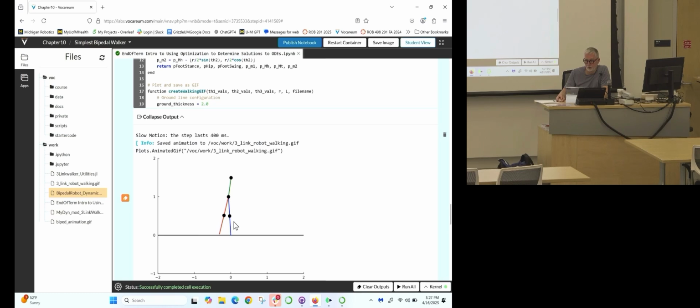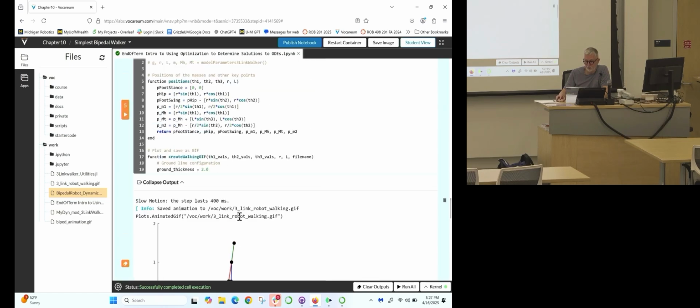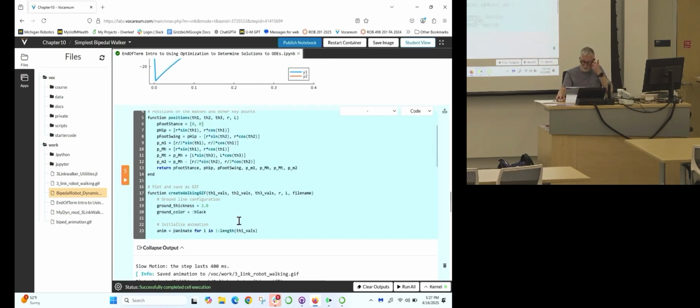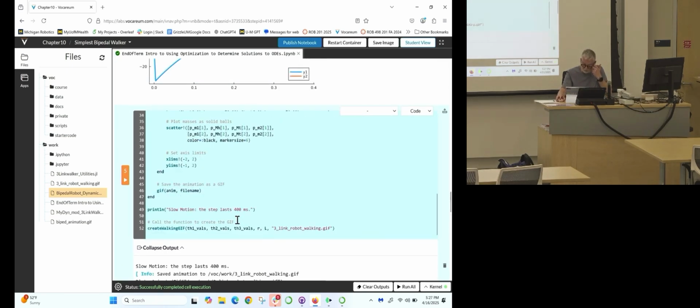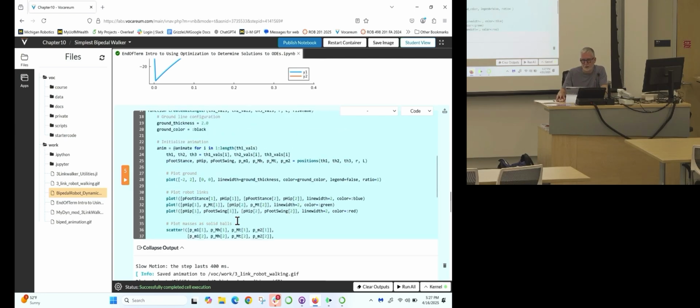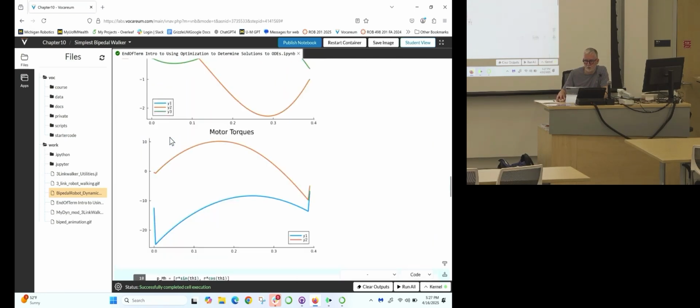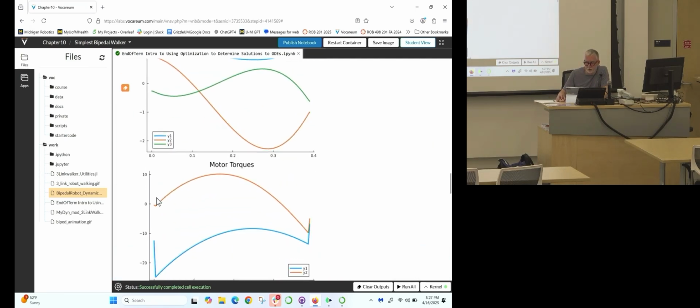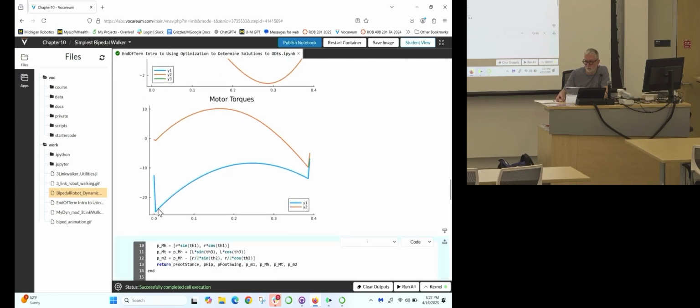So this is a very nice step, and then it hits and restarts again. So this is just one step. And then it's periodic, and it's minimized the amount of torque. So the motor torques are quite low. They're 10 Newton meters here and a peak of about 25 here.